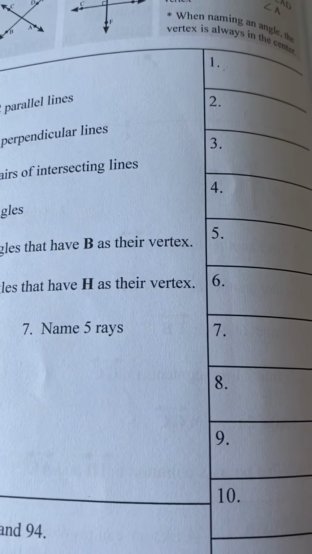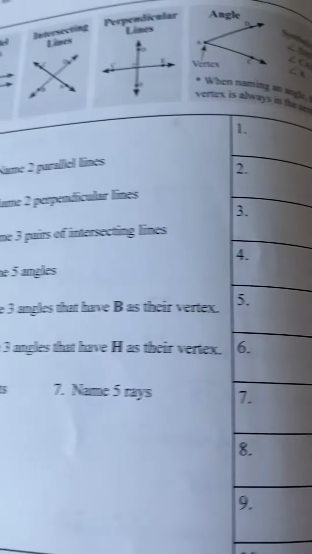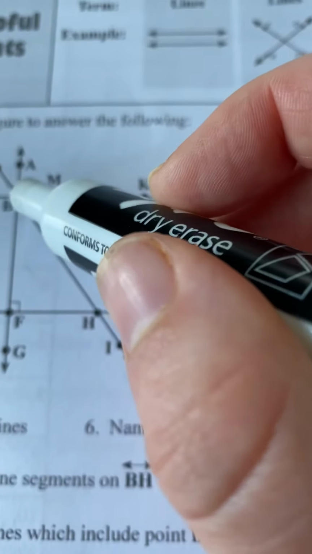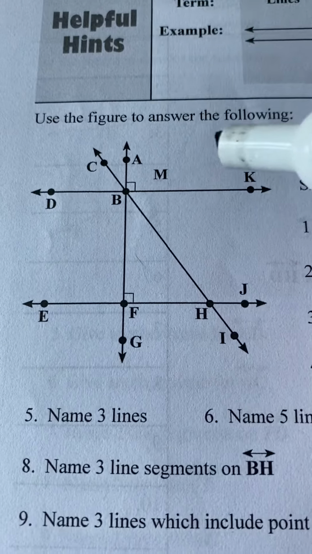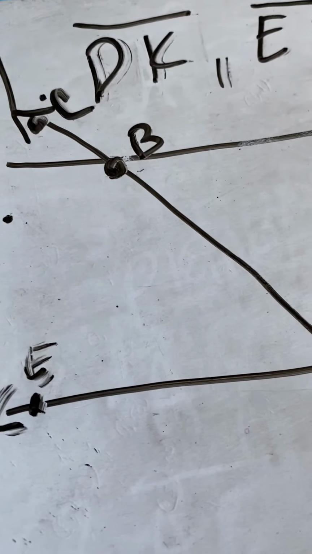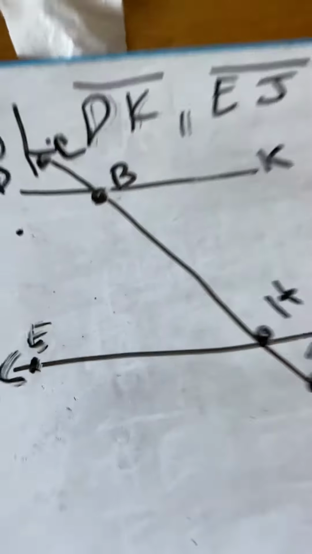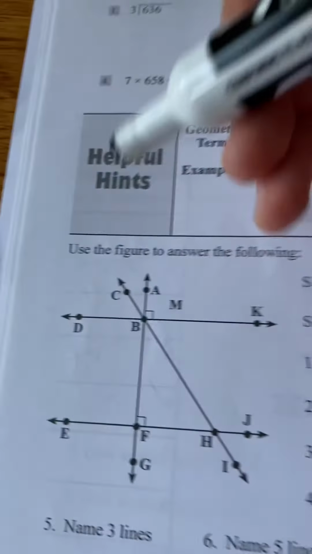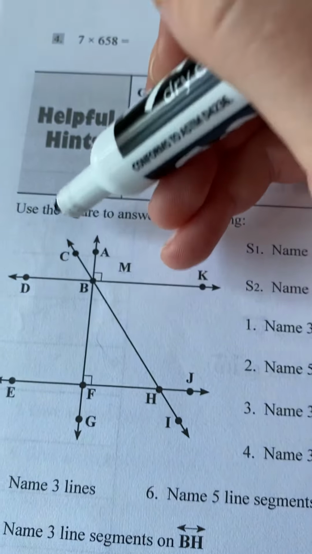So we're looking at 3 angles that have B as their vertex. So letter B is right here. Letter B. So what I see is CBD, I'll put the angle sign in front of it. Angle CBD has B as their vertex. And how I got that was here's B, that's my vertex, CBD.